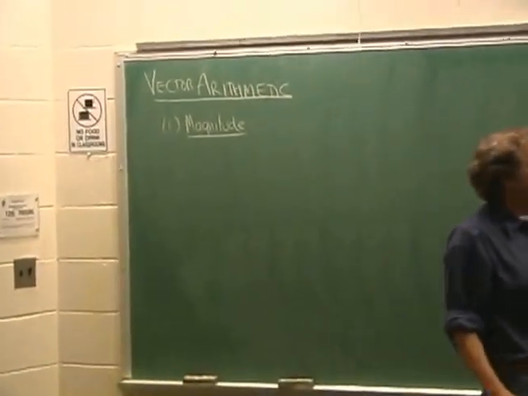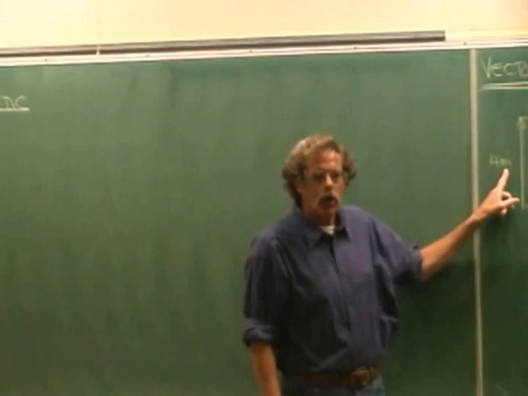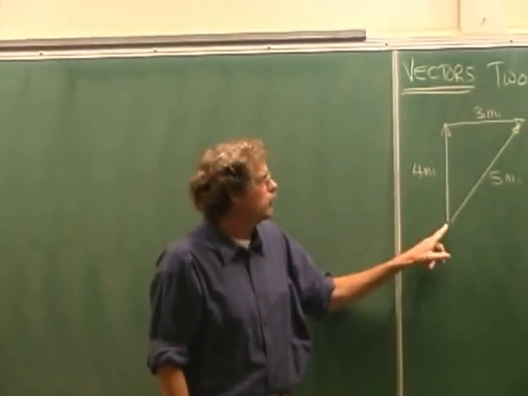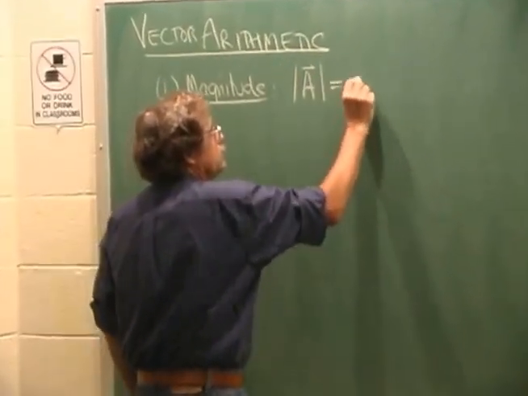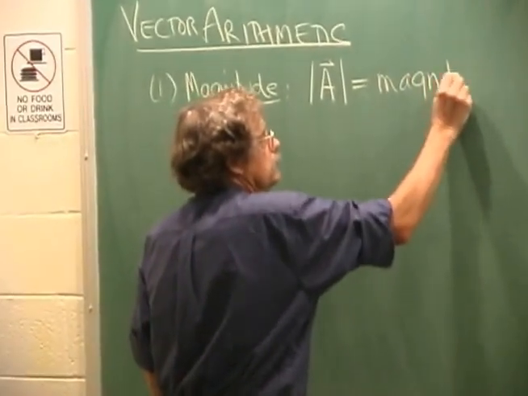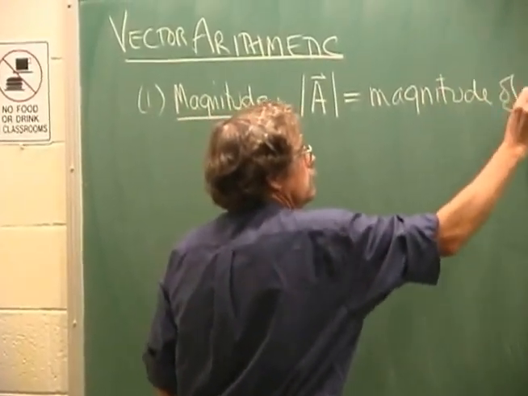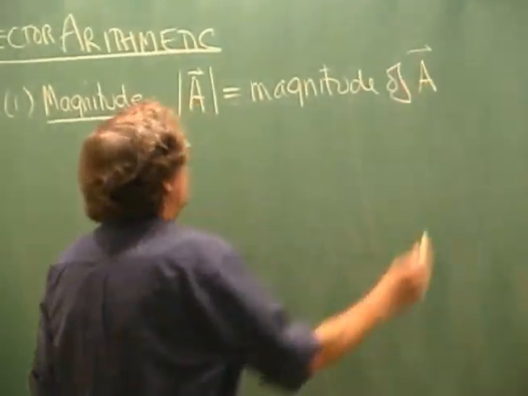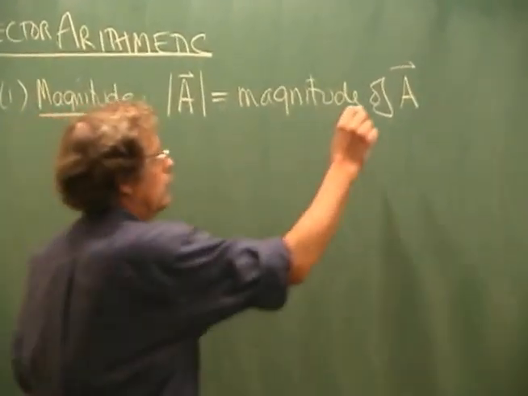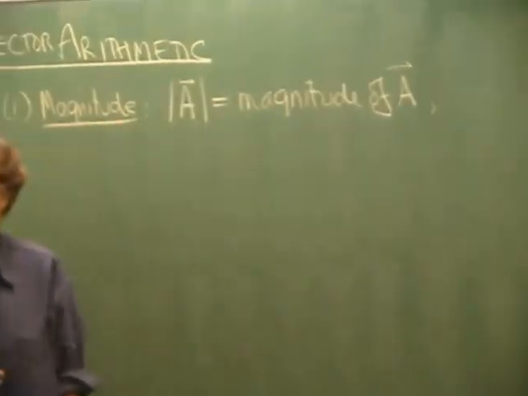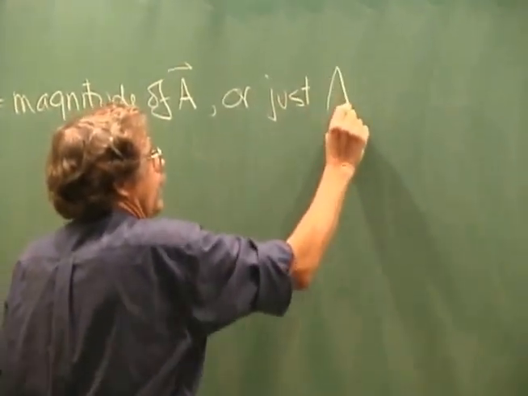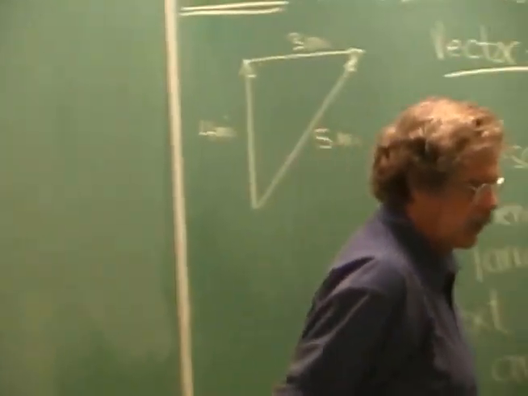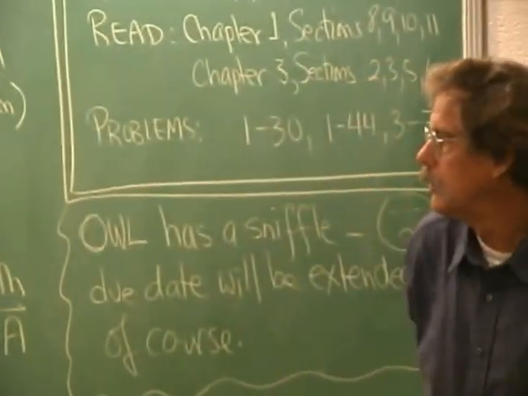For example, this vector was 4 miles pointing due north. The due north part is the direction, of course. The magnitude was 4 miles. We designate that like this, with vertical bars there. Or, if it's not subject to any ambiguity, A with no vector sign on it at all, or not boldface if you're a typesetter.